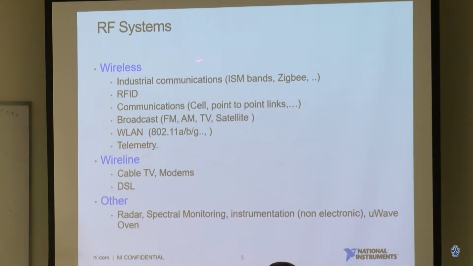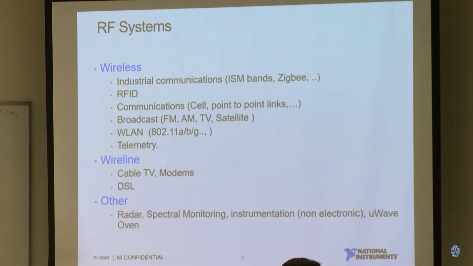So what does an RF system mean? RF systems can be used in a lot of different areas. Let's talk about wireless. In wireless, there's industrial communication, like the cell phone and RFID circuit design, point-to-point links like satellite station to satellite station, and broadcast like FM, AM, and TV.